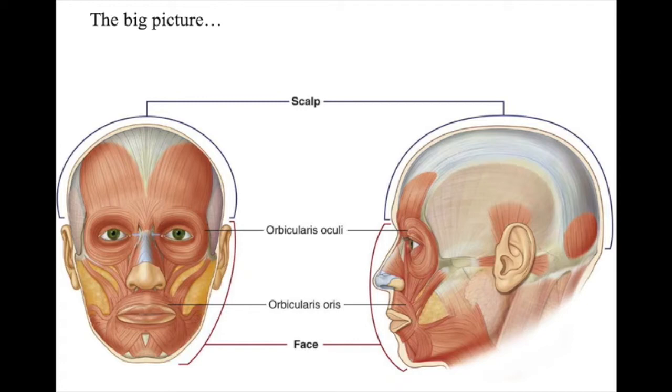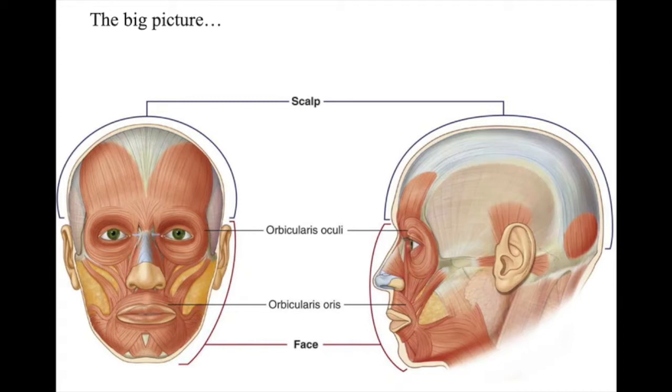And then you see two circular muscles here, the orbicularis. Both of them are called orbicularis because they are sphincters, they are circular, but one is oculi, for the eyes, and the other one is oris, for the mouth.